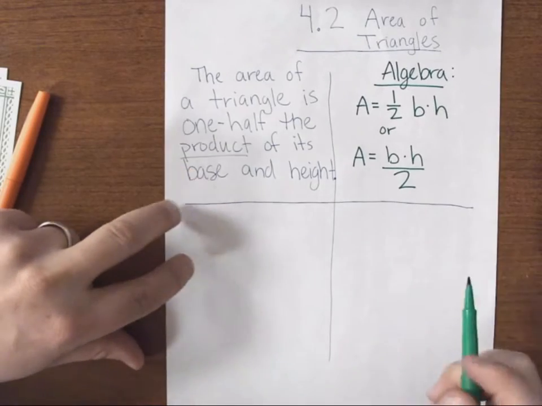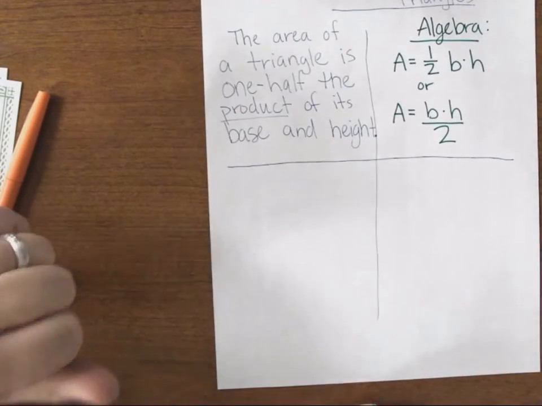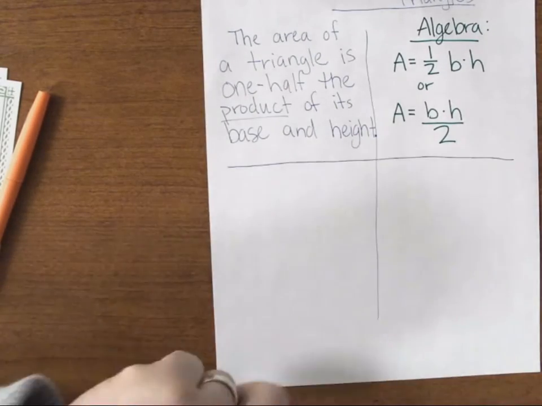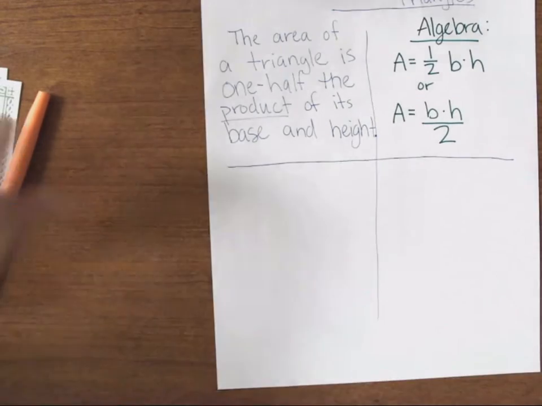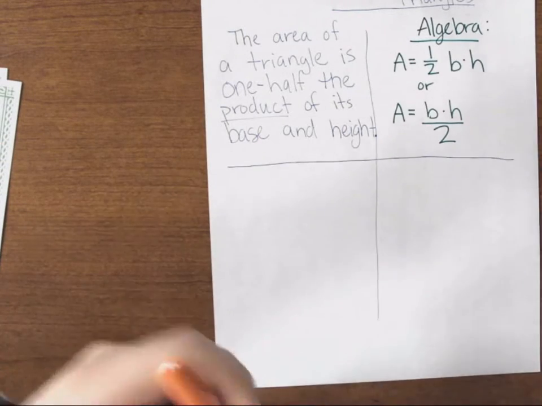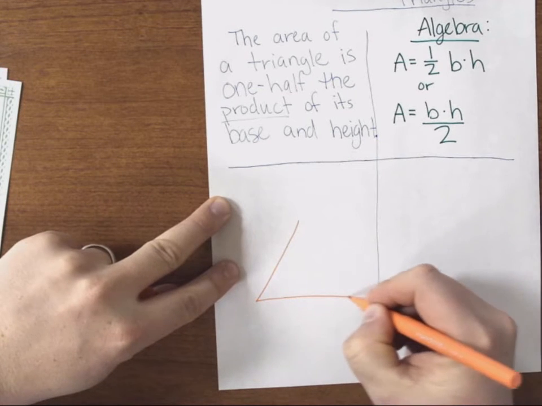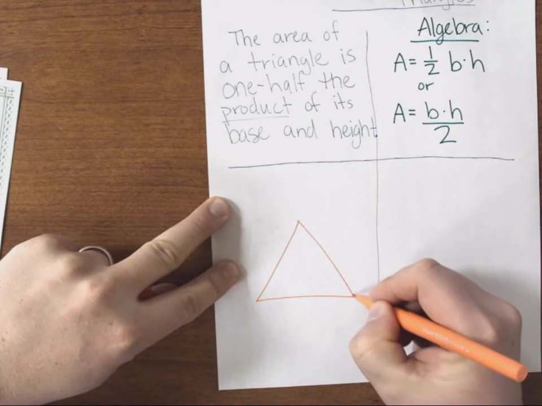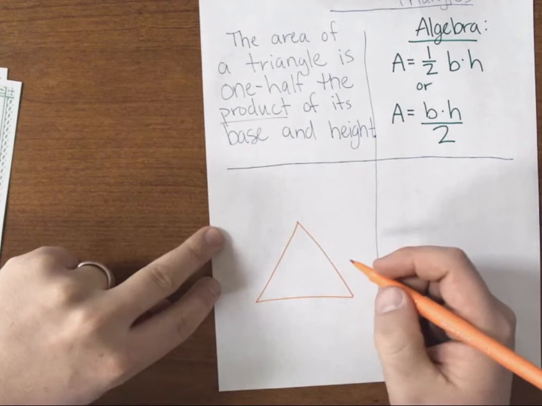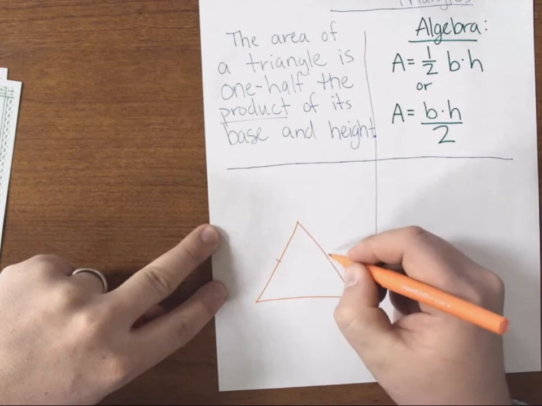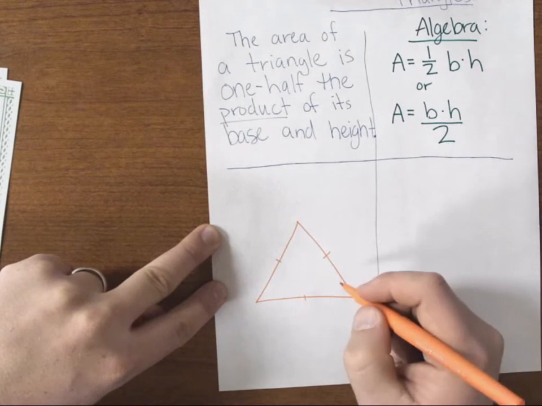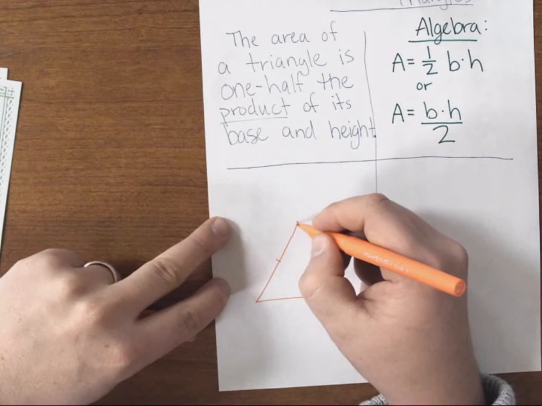All right? So now let's talk about an example. So if I have a triangle that looks like this. Okay, this would be an equilateral triangle. And I'm going to drop down the height.